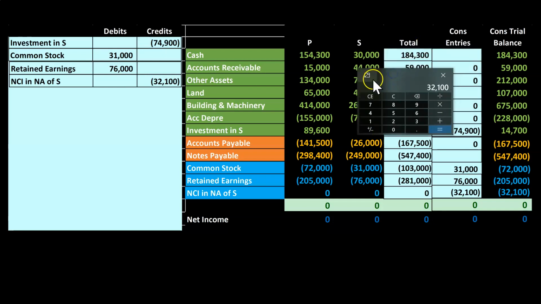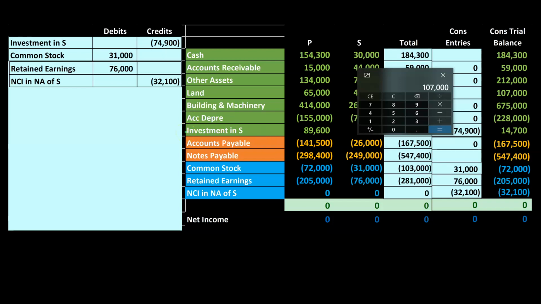Because the controlling interest has been included in this number with the calculation of the equity method. So if I take this 31,000 plus the 76,000, we're basically looking at the book value of S and allocating it between the controlling and non-controlling interest.